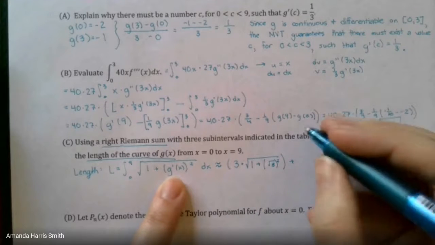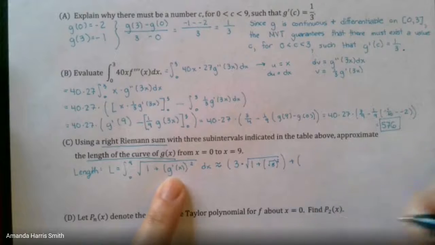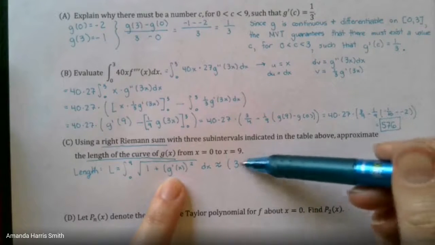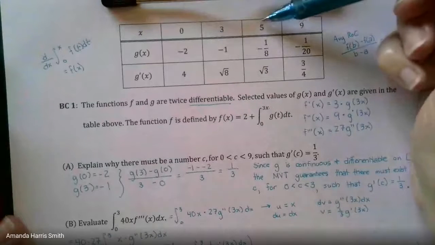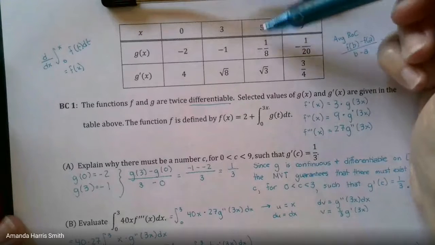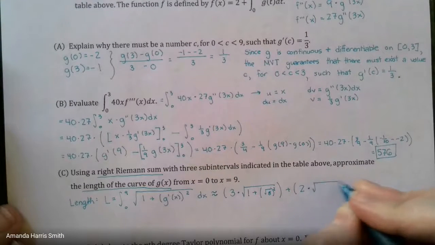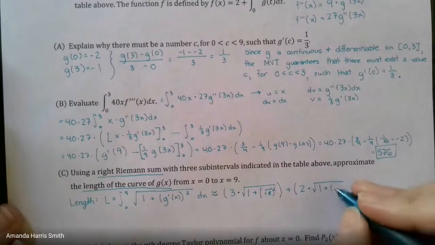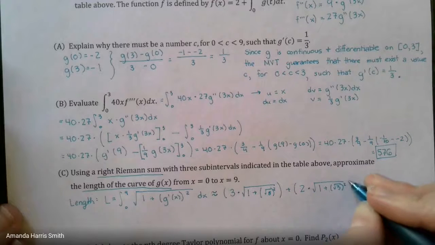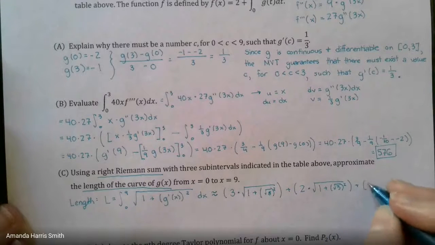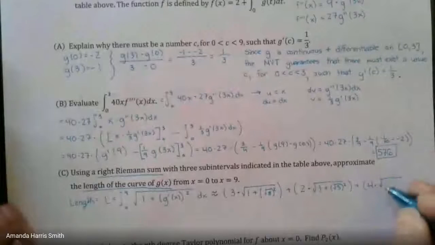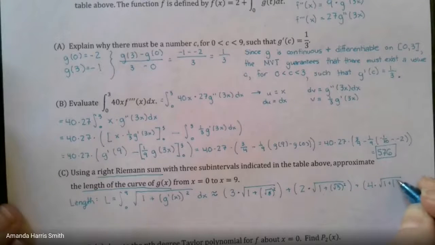That's my cat in the background. So my first rectangle is 0 to 3. My second rectangle is 3 to 5. So my width is going to be 2. And then I'm going to use the root 3 from the right. So 2 times root 1 plus root 3 squared. And then plus 4 times root 1 plus, this one's going to be 3/4 squared.